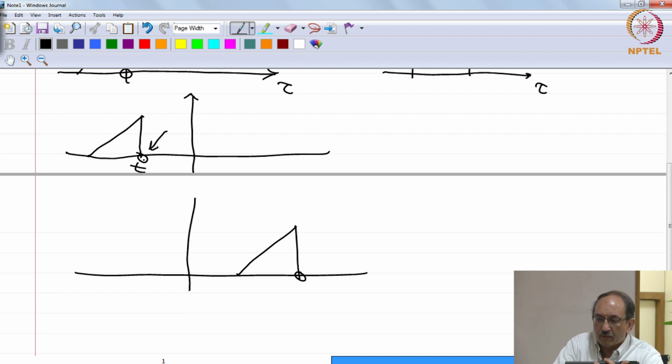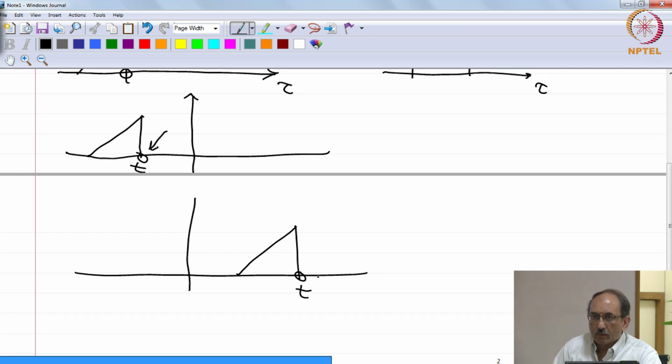This point will be t. Similarly, this point will be t. So, the output will always be associated with this location. All right, so this is the main point. When you talk about y of t, you are talking about t that is given by this variable here. Remember, the independent axis is tau, but t is the parameter associated with the shift.